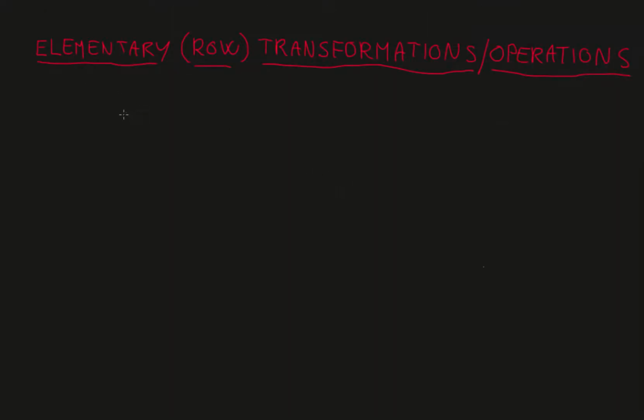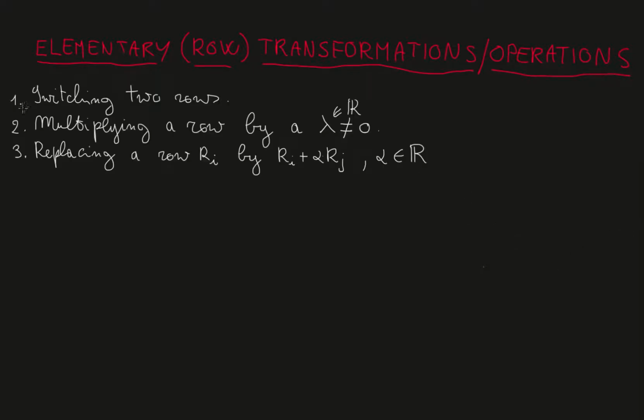Let us talk now about these elementary row transformations, also called operations. Let's give a definition of them. There are three kinds of these operations. The first consists in switching two rows of the matrix.